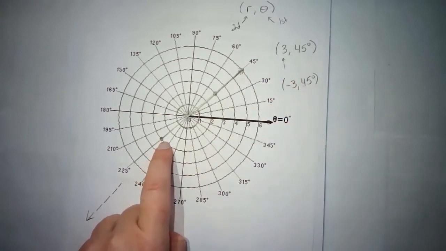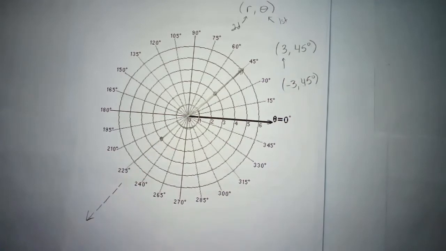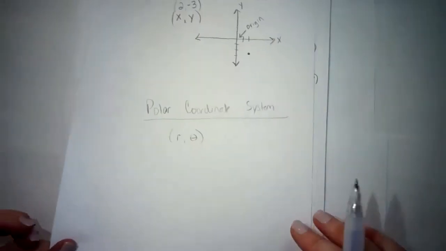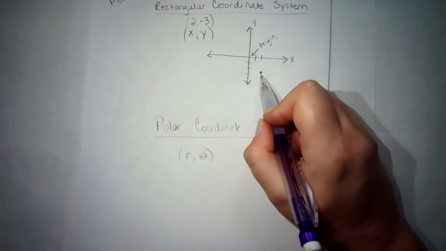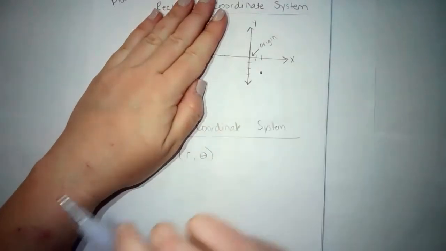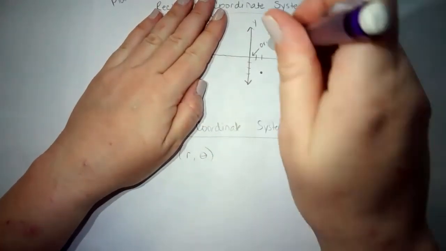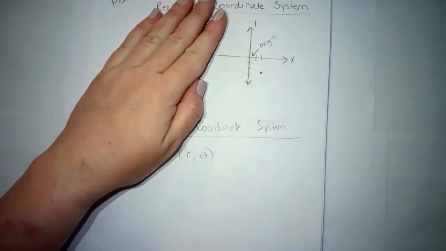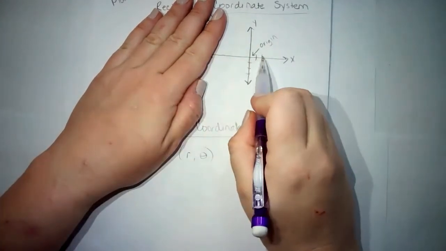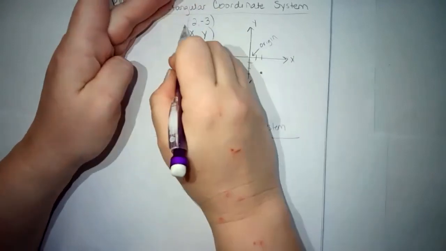One other little point I want to make is that in the rectangular coordinate system, if I drew this first and said, I want everyone in here to tell me what this point is, label this point, everybody in here is going to come up with the same answer, because there's one right answer in rectangular coordinate world, right? It's (2, -3).